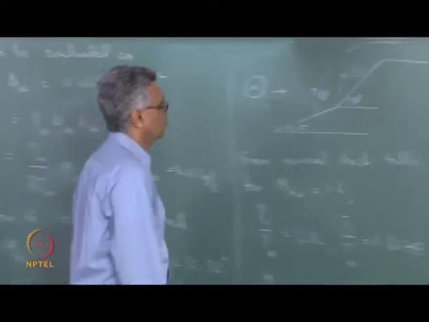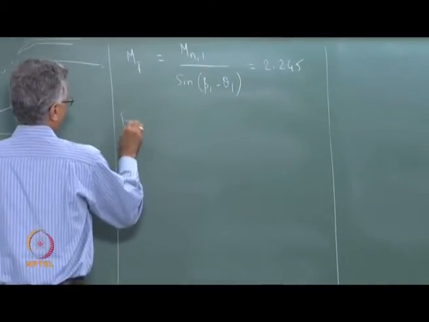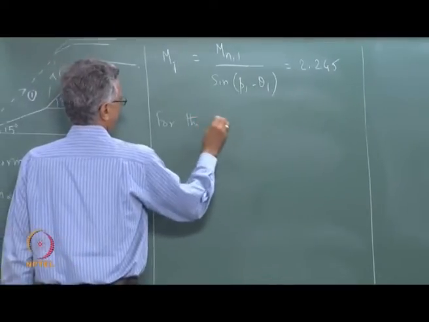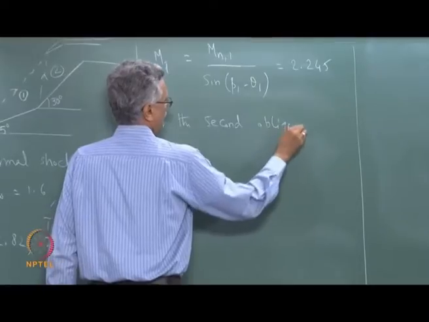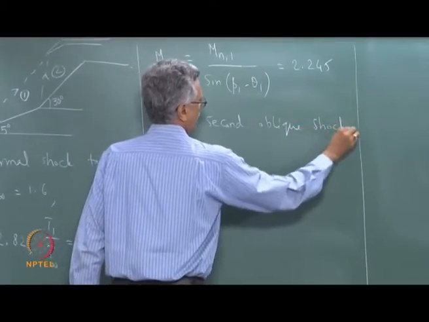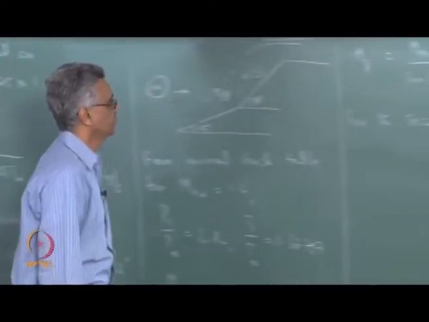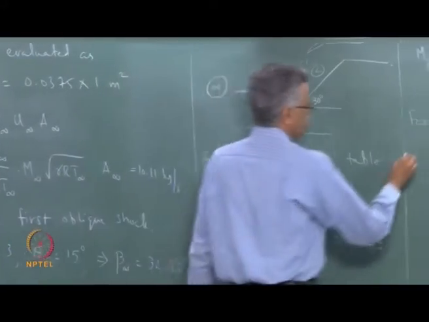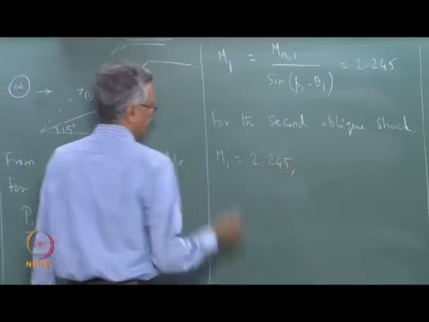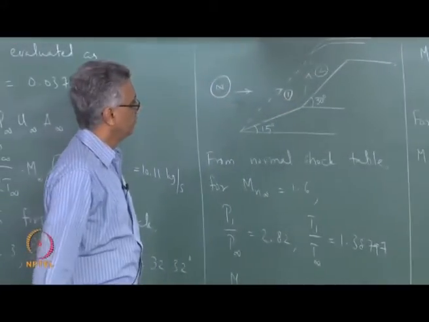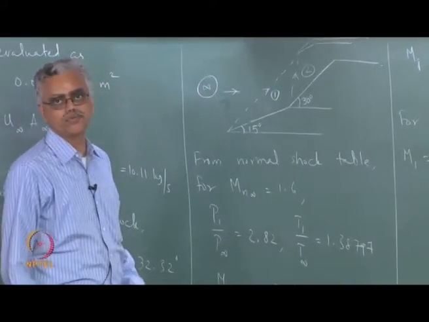So, for the second oblique shock wave, M1, the Mach number approaching the shock wave, is 2.245, and what about the flow deflection angle through this shock wave?